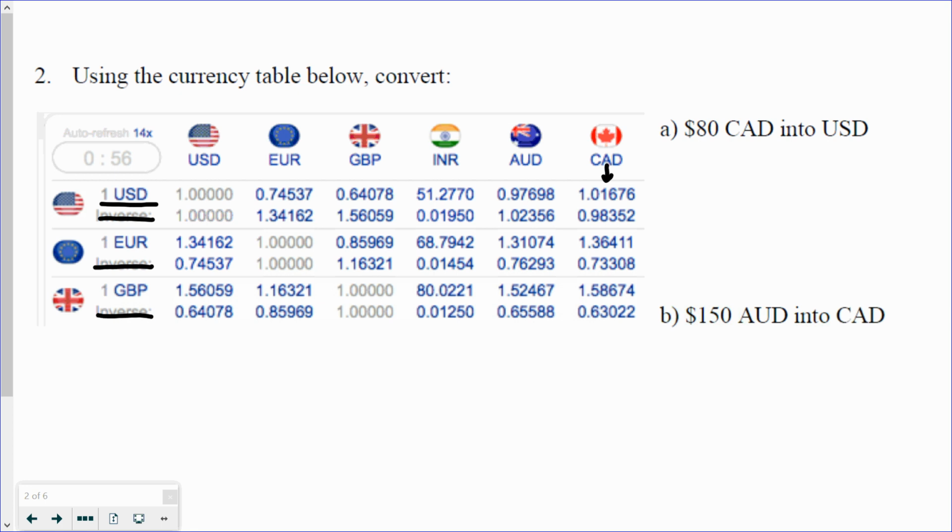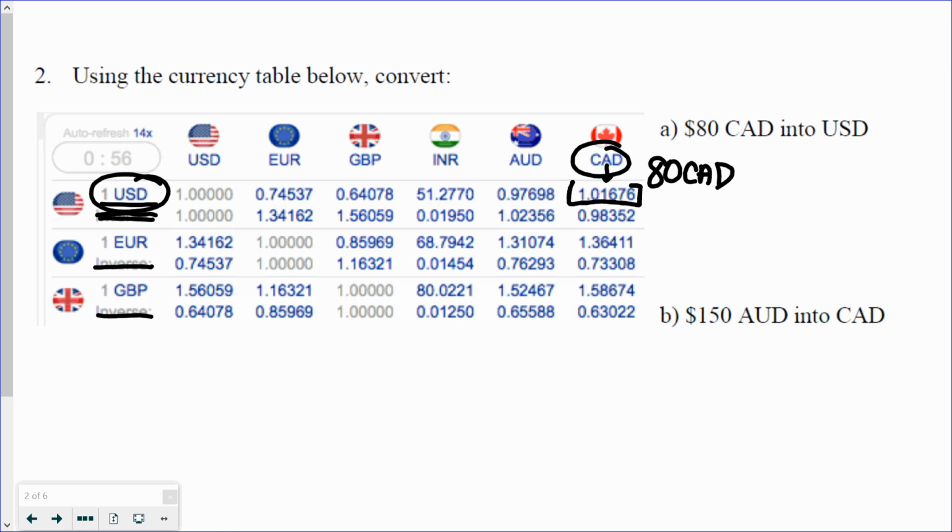So this is saying $80 Canadian into US dollars. So when you travel to the States, you have to get US dollars, and when you come back, you've got to convert it all back to Canadian, unless you're like me and you just save your US dollars in a little jar and then you use that next time you go. So if we had $80 Canadian, and we wanted to figure out how much is that in US dollars, we need to use this table. So we're dealing with US dollars and we want to get it to Canadian dollars.